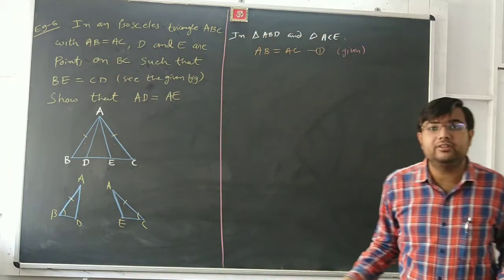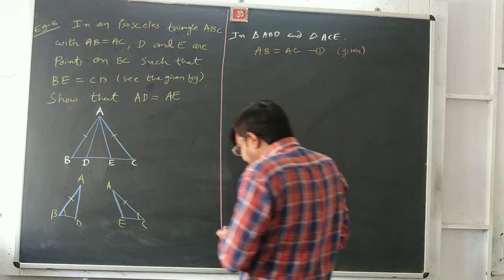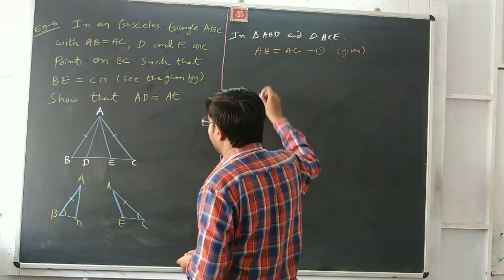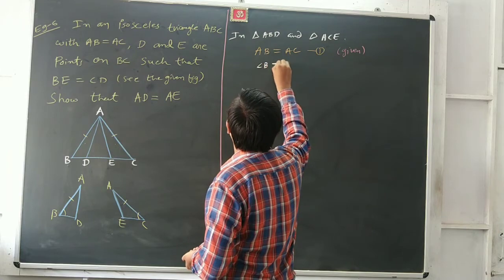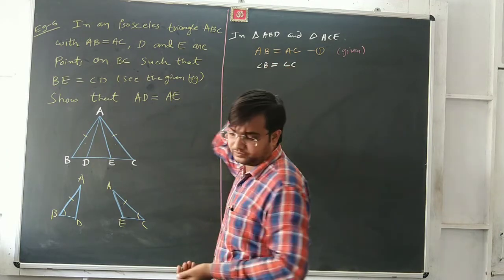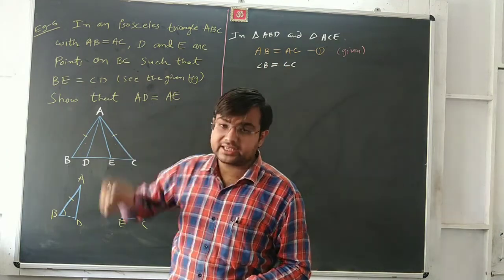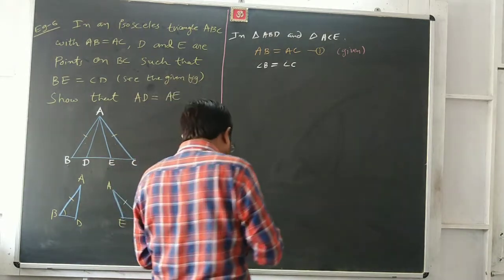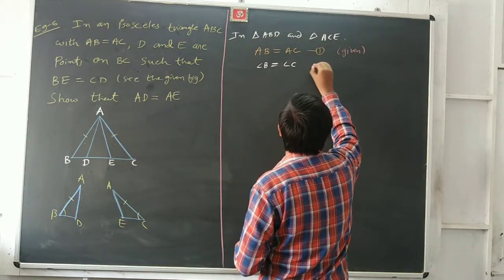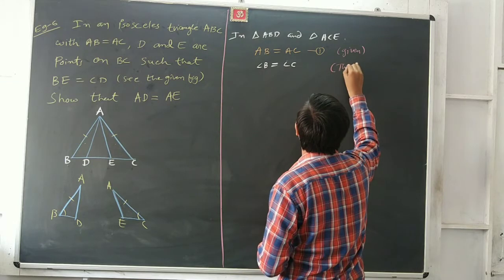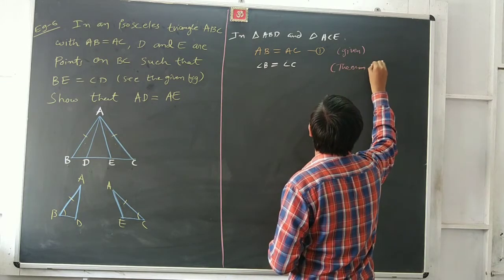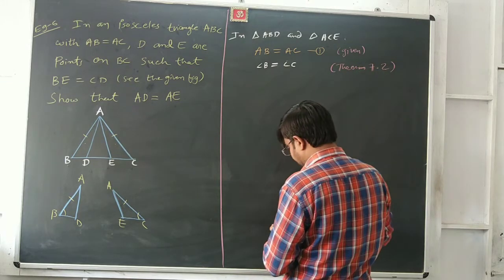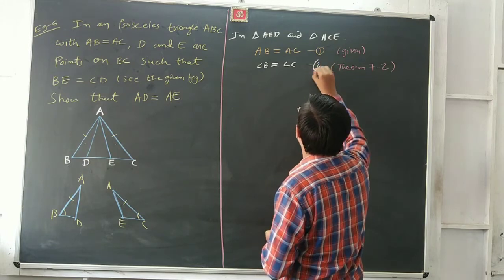Now I can write angle B is equal to angle C. Why? Because of this theorem 7.2. This is equation number 2.